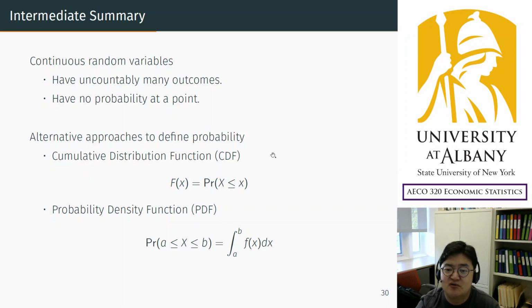One is based on the CDF, right? This is a mathematical way to characterize probability. And another way is to use the probability density function, which is based on integration. Both are actually equivalent, so they should imply the same probability, but these are two main building blocks for continuous random variables.